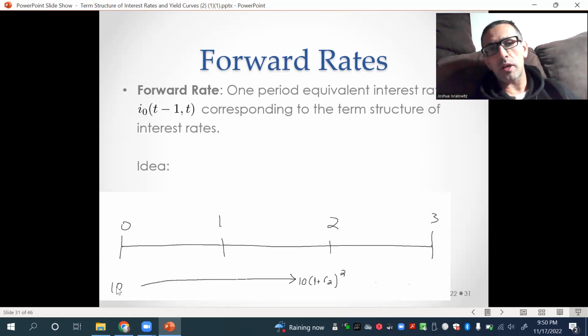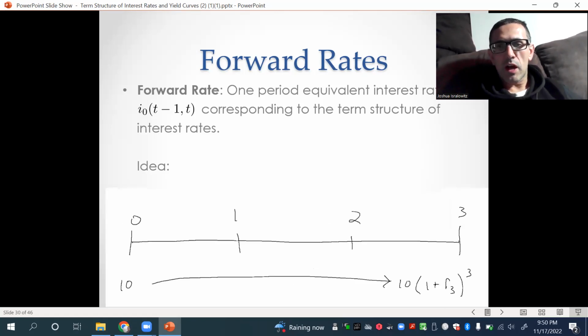Or let's do something else instead. Let's say we let this $10 sit in this account for 2 years. And if we do that, we're going to use a 2-year spot rate. So that means $10 grows to 10 times (1 plus R2) squared. Now, let's say we want the exact same growth as if we were using the 3-year spot rate, and hence letting money sit in this account for 3 years.